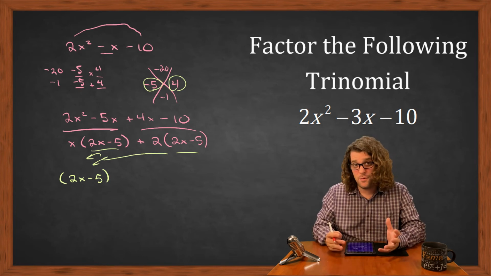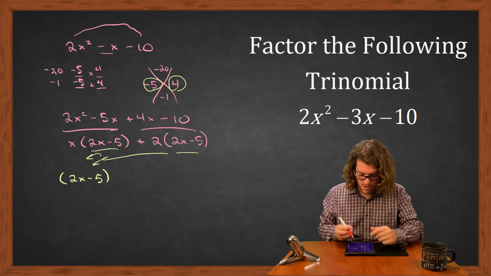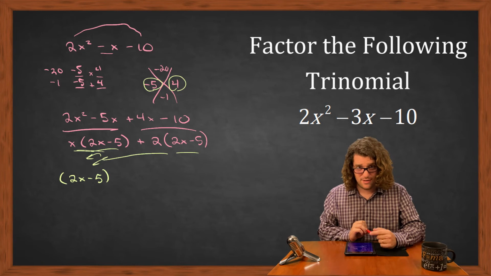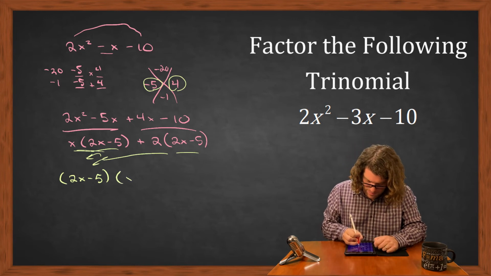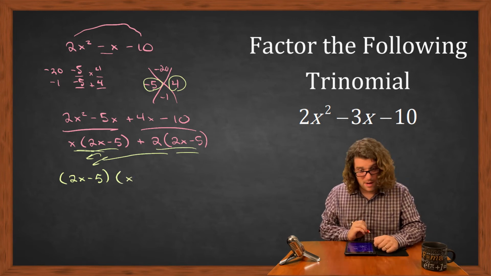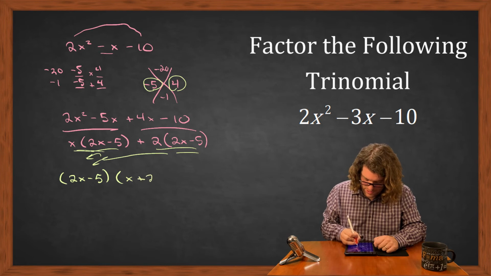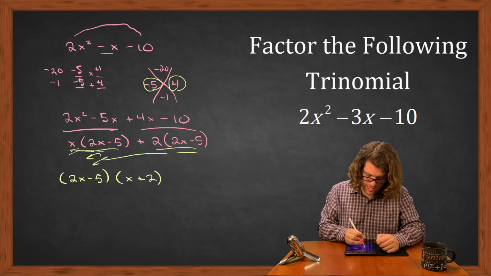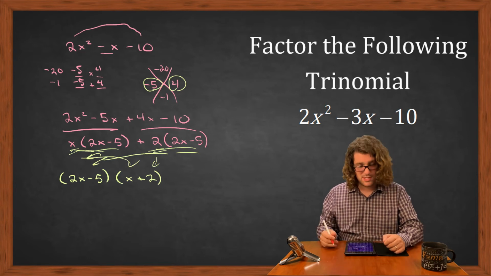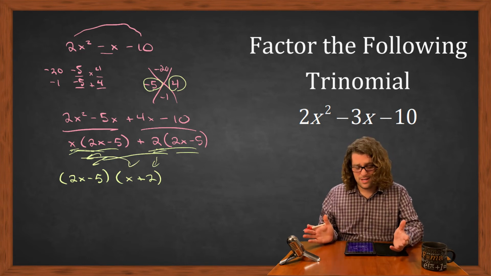What am I left with? Because that's the stuff that's going to be written behind. Well, it's going to be this divided by the bracket, which just leaves me with x, and then this one divided by the bracket, which just leaves me with plus 2. So I would have, basically, I usually call them the leftovers. Those leftovers would go into that position and this position, and it gives me my final answer.